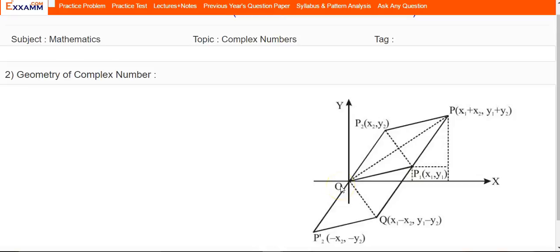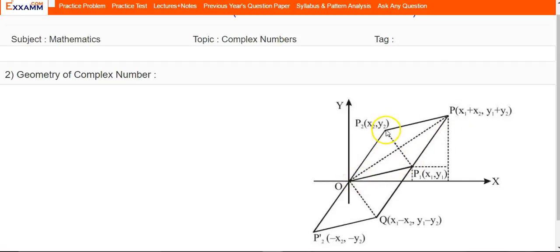So can we just represent a complex number by a position vector, or does it follow the laws of addition and subtraction as well? Now consider this point P1 represented by x1 and y1, and P2 represented by x2 plus iy2. Now if we draw the parallelogram with these two as coterminous sides, then what do we get?